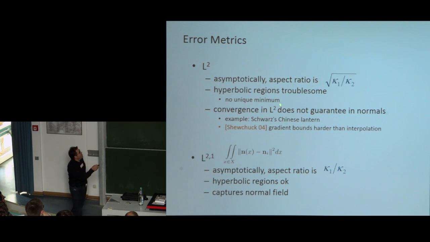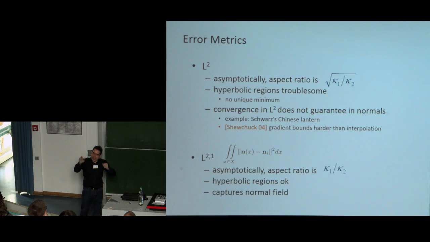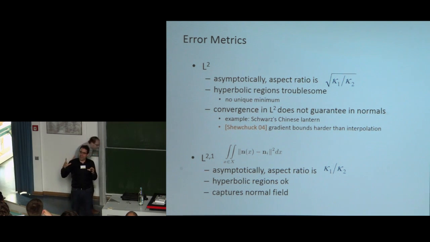If you think of the celebrated Schwarz Chinese lantern, you know that? Favorite Chinese lantern. You can give me an arbitrary number larger than the area of a cylinder. It has to be larger.